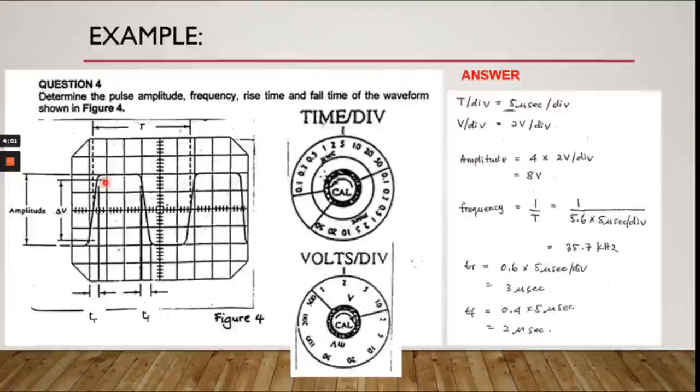And by calculating the number of divisions here, we get the following results. The rise time is equal to 3 microseconds and the fall time is equal to 2 microseconds. So remember that for signals, you cannot assume that the rise time and the fall time are the same. There may be some differences depending on the type of signal you are measuring.